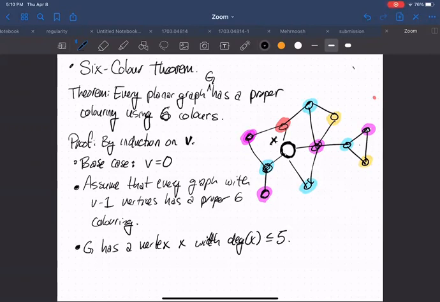So let's take one of the ones that's not used and use that to color X. So there's the color we can use for X. I know there is one that's free to use because X has at most 5 neighbors and I have 6 colors to work with. Easy. Okay. That's the whole proof. All right, so that's the 6 color theorem. Maybe that's too easy.